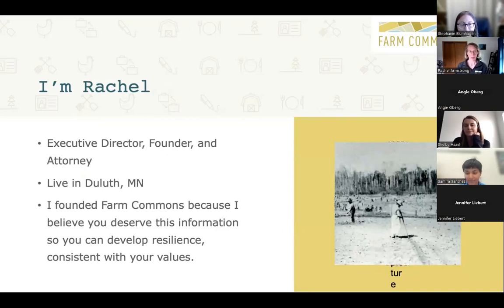You know, growing up in an agricultural community, farming is what I've always loved. And I went to law school in order to found Farm Commons. And I did that because I really believe that agricultural communities deserve this information so that folks can develop resilience that's consistent with their values and the way they want to run their business. So that's what brings me here.